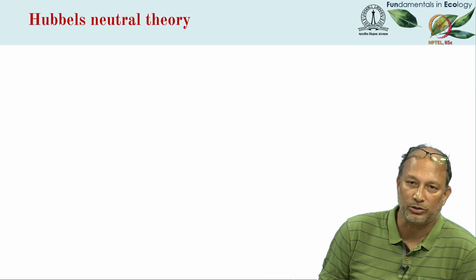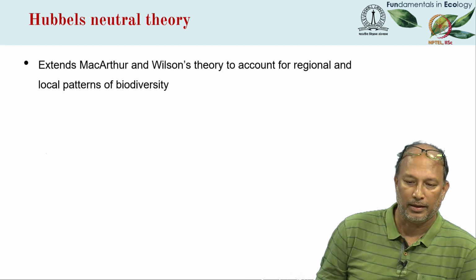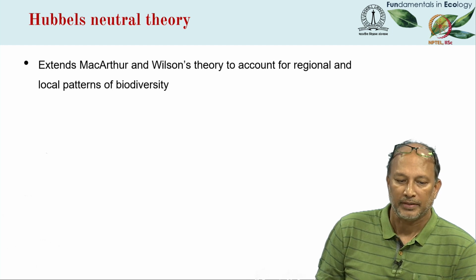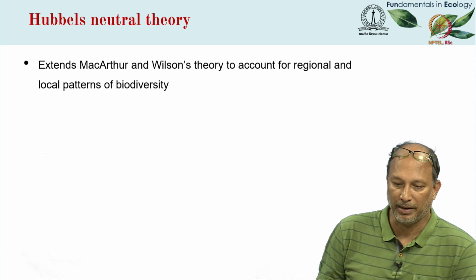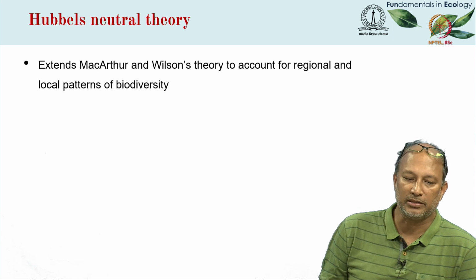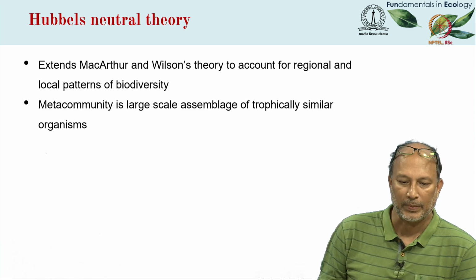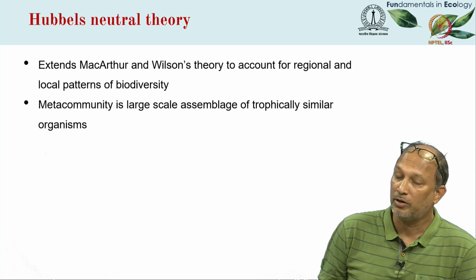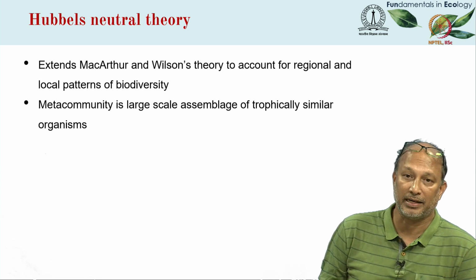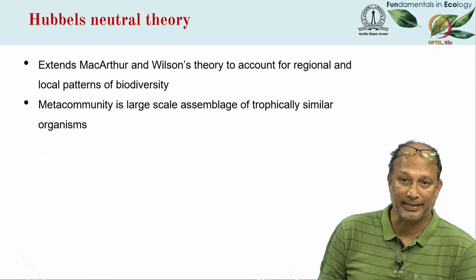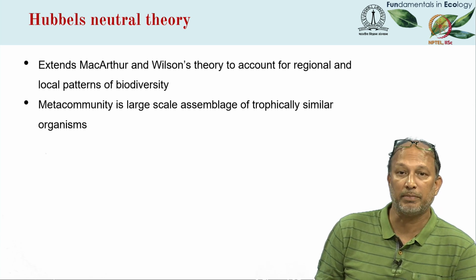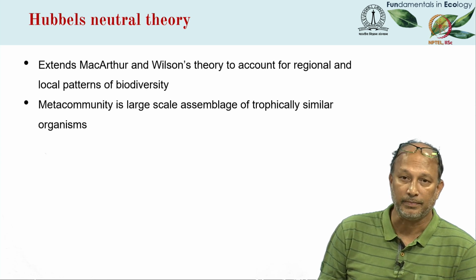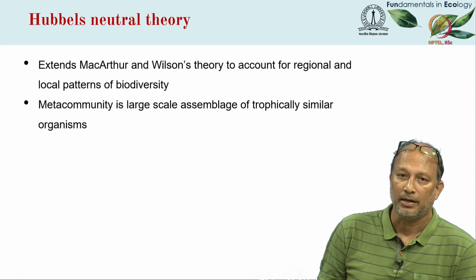All of this leads us to Hubbell's neutral theory. Stephen Hubbell extended MacArthur and Wilson's theory of island biogeography to account for regional and local patterns of diversity. MacArthur and Wilson had proposed that the equilibrium number of species on islands would be determined by the processes of colonization and extinction, which were in turn determined by the distance of the island from a mainland and the size of the island, or the area of the island.